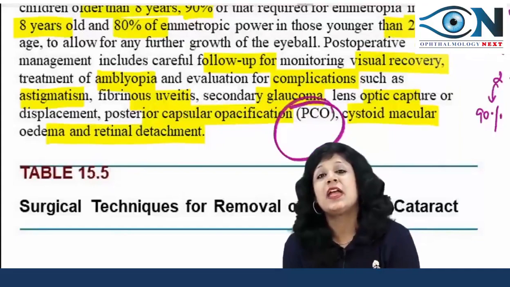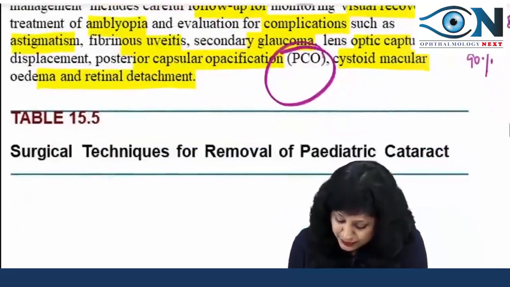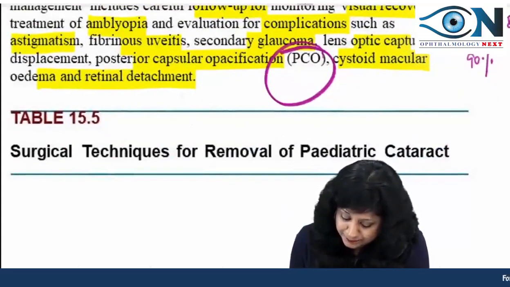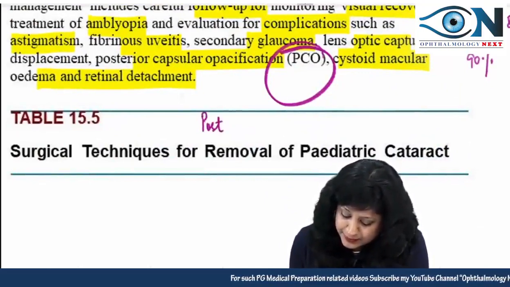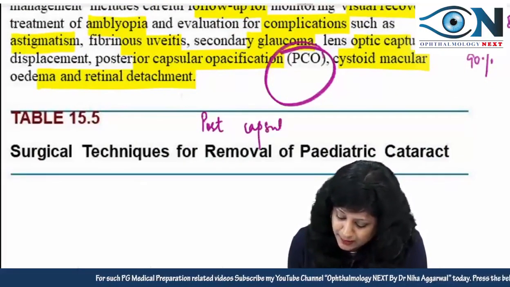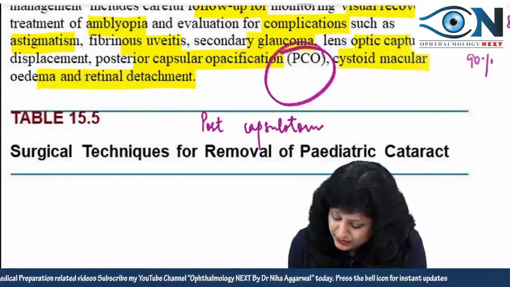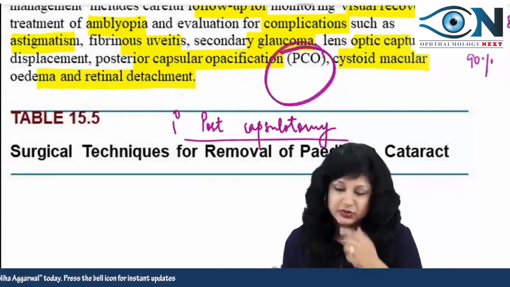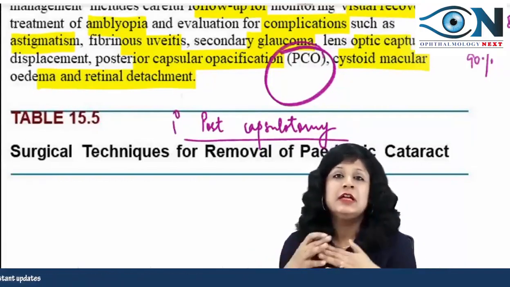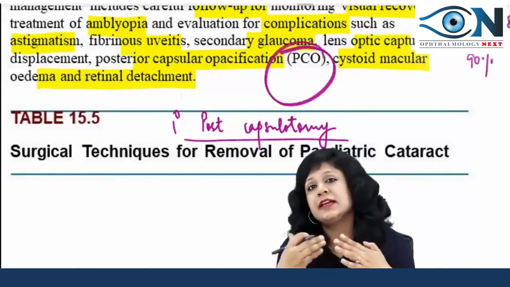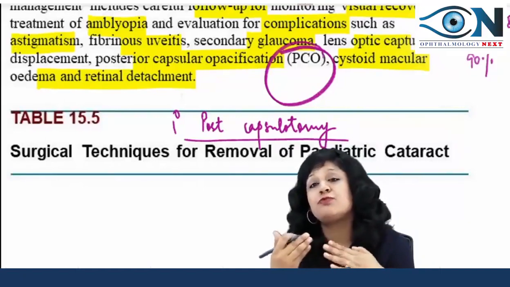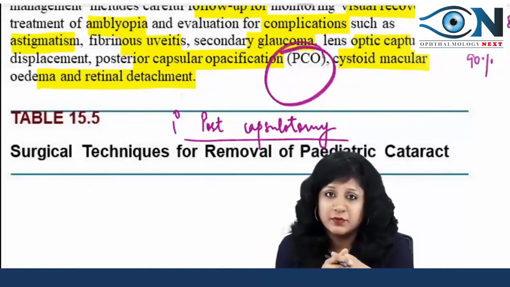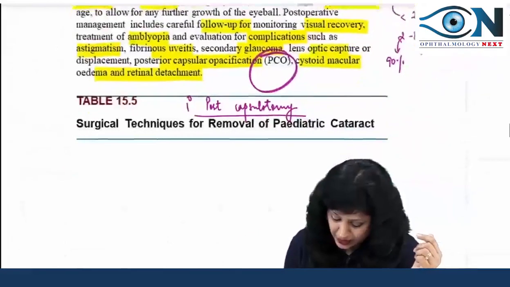That is why we prefer doing the posterior capsulotomy at the same time. This is called the primary posterior capsulotomy, because in children the chances of posterior capsular opacification are really high.